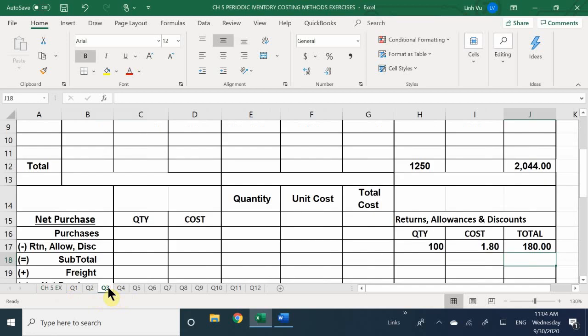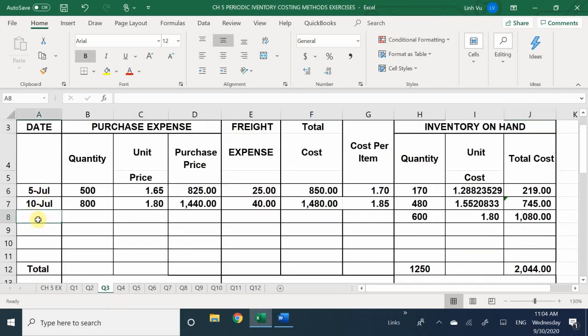Back to my worksheet, my total purchase price here is going to be $555 plus my freight of $15, which would bring me to $570. Then my cost per item is going to be $1.90. Again, I check to see if that was even, and it was even.